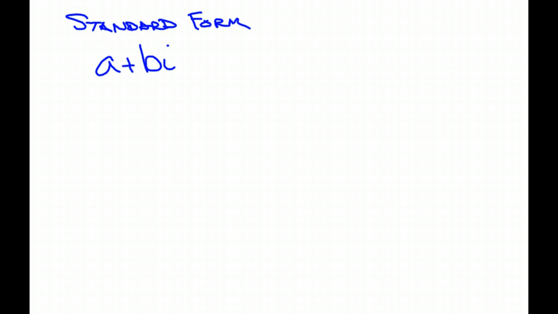So when you write an answer that has an imaginary number as part of it and a real number as part of it, the real number goes first, the imaginary number goes last. For example, if I have 4 plus 5i, that's how I want it written. I do not want it written like that. That is evil.